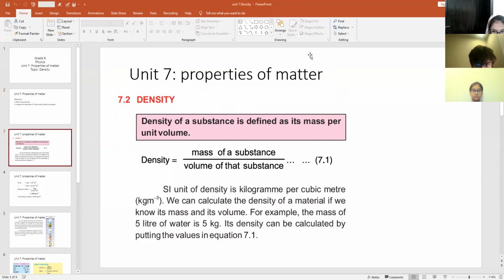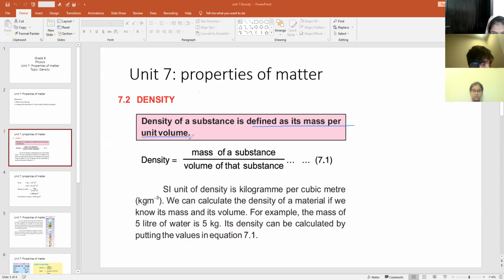So first of all, we will discuss density. All of you are familiar with the term density from your lower grades. Density is basically a property that tells us whether an object is heavier or lighter. Density of a substance is defined as its mass per unit volume.